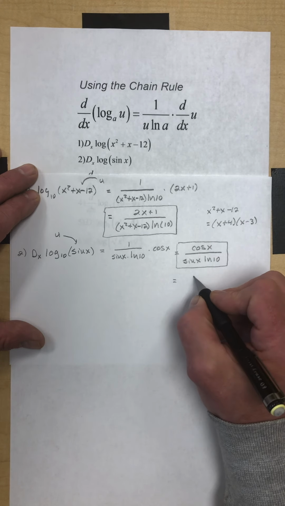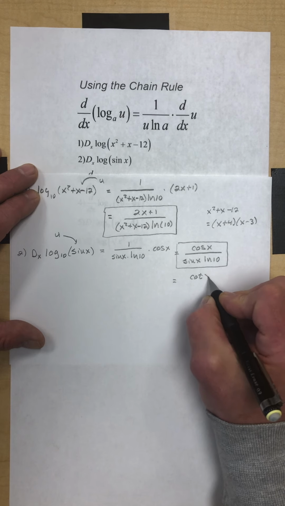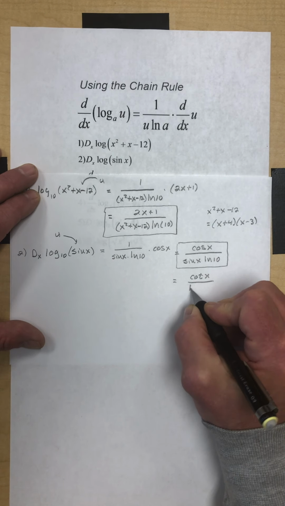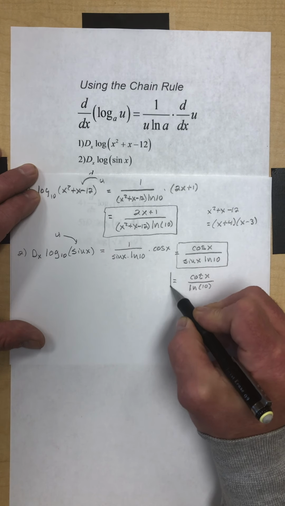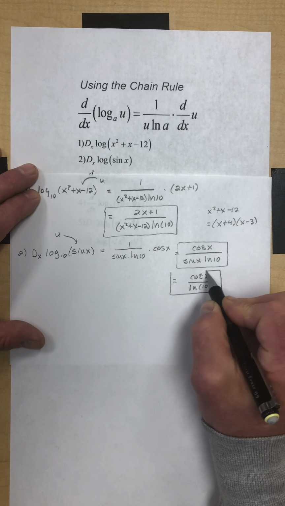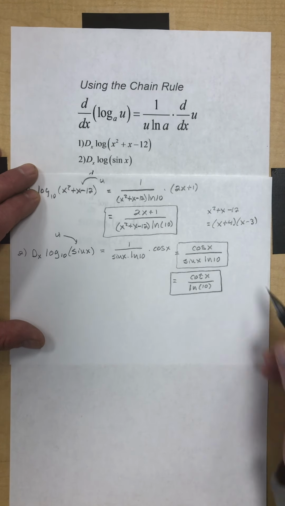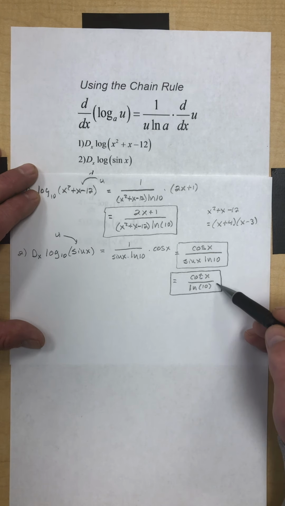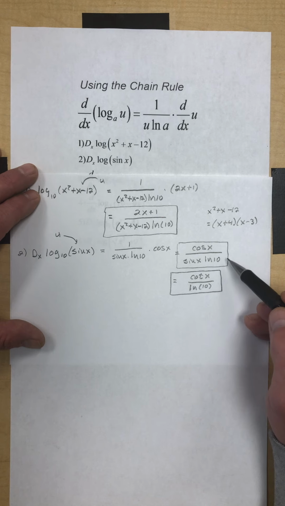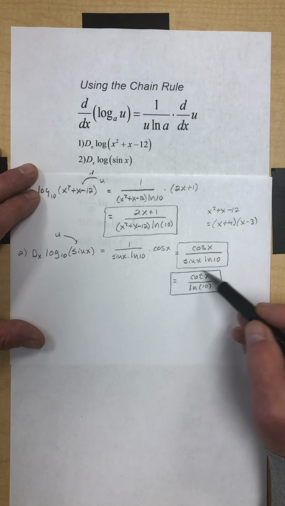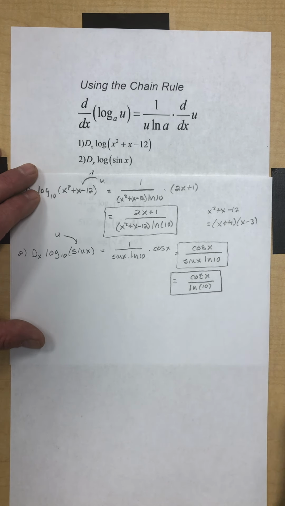So that would be the same as the cotangent of x over the natural log of 10, right there. Now, I would say that second form of the answer is probably a little bit simpler than the first form. I like this one better than that one. But depending on who's in front of the class, you could have a teacher that would accept that.